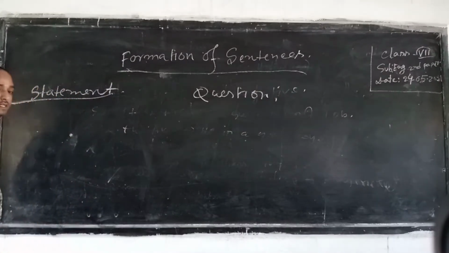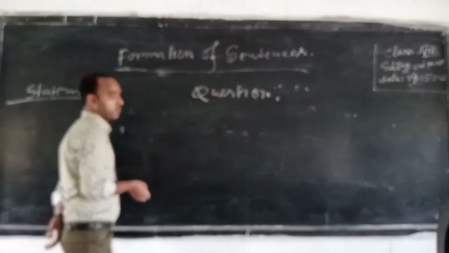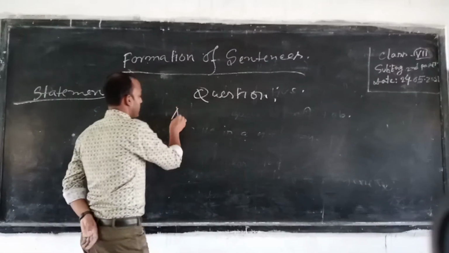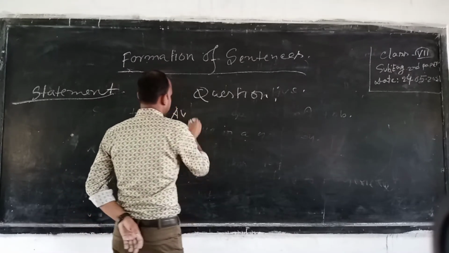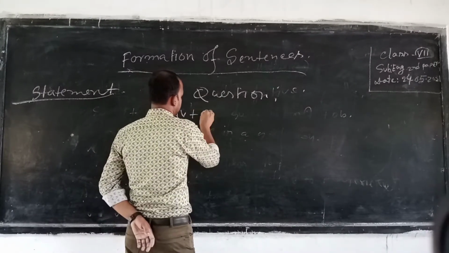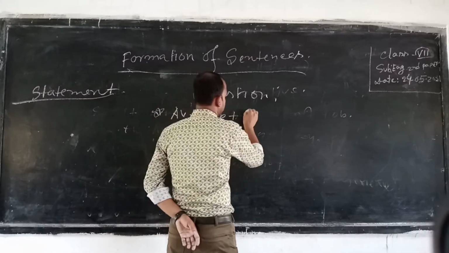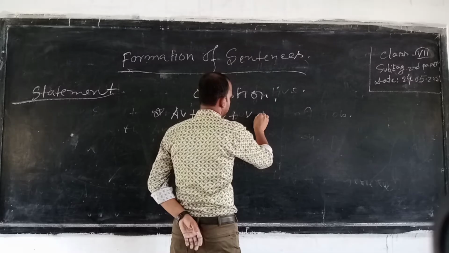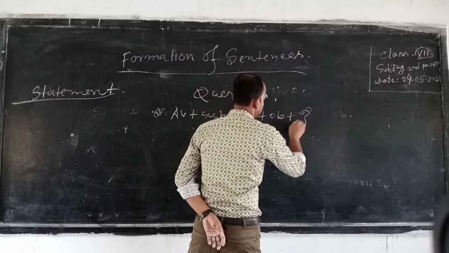If we find a sentence with auxiliary verb, then the formation of question will be auxiliary verb, then subject, then main verb, then object, then question mark.